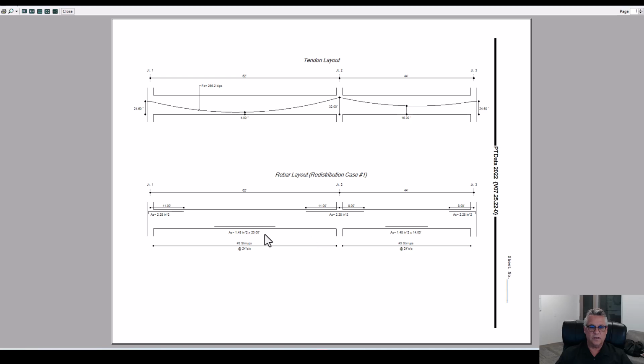Turns out it wasn't necessary in any of the negative moment regions or in the positive moment regions, and it's already done the complete shear design, the VCN, VCI, VCW design, and calculated stirrups. So that's about the length of time it takes to do this. We can knock out 20 beam designs in the morning before we go to lunch. And that's really just the beauty and the simplicity of this.